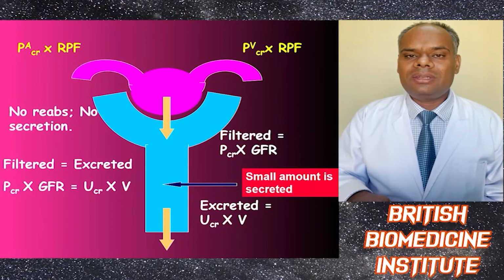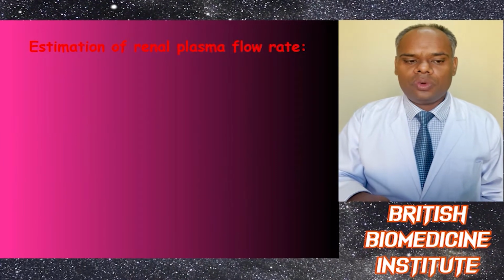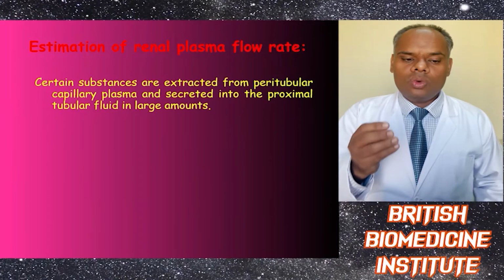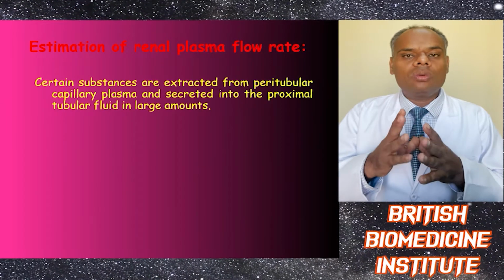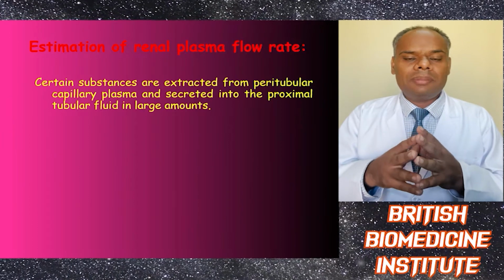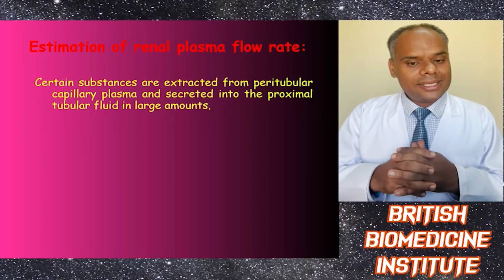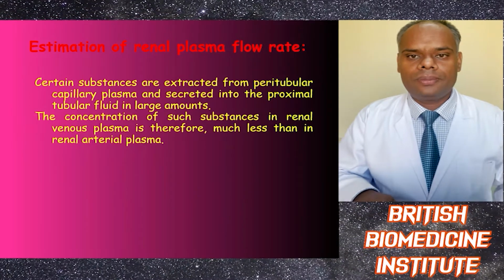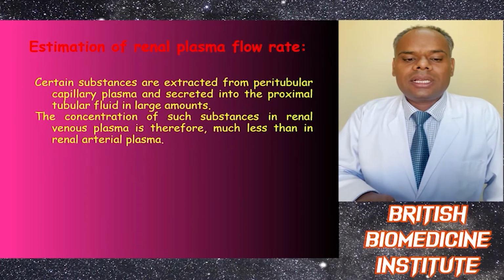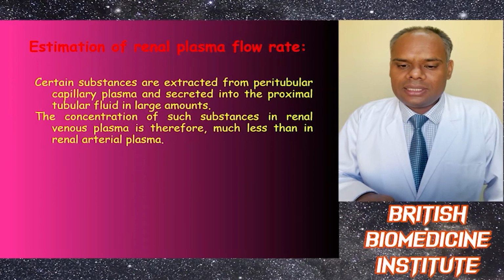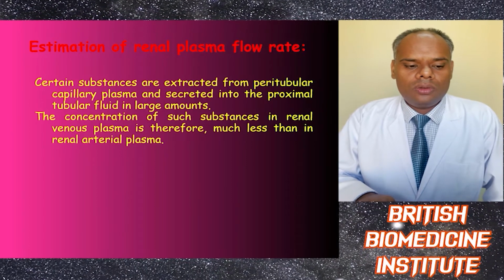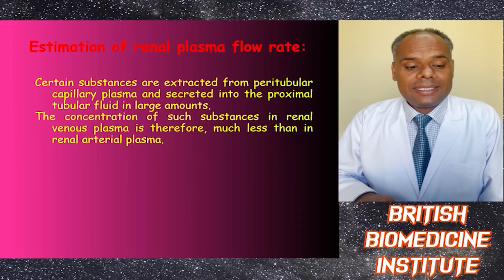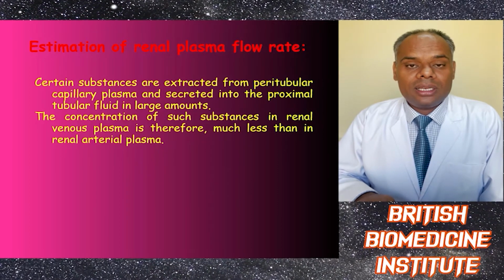So now comes the estimation of renal plasma flow rate. There are certain substances which are extracted from peritubular capillary plasma and secreted into the proximal tubule fluid in large amounts. The concentration of such substances in the renal venous plasma is therefore much less than in renal arterial plasma.